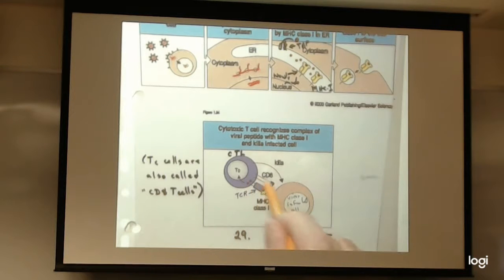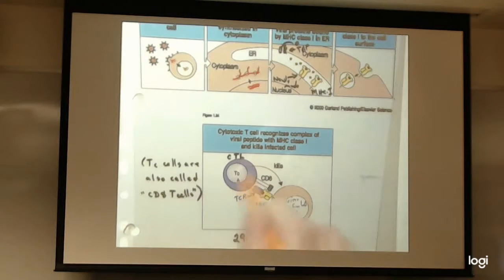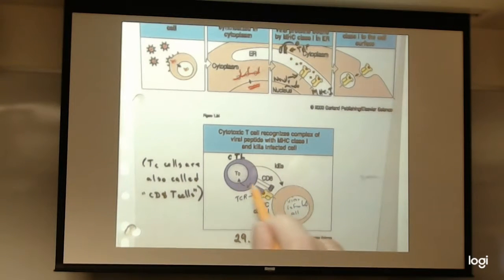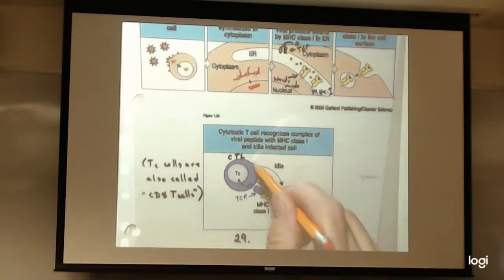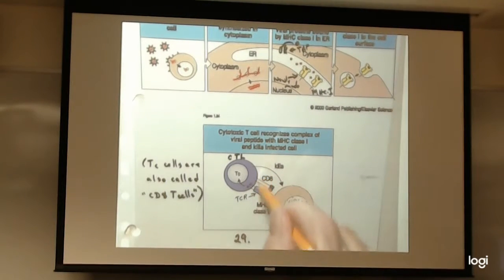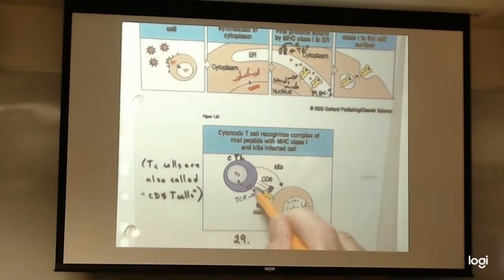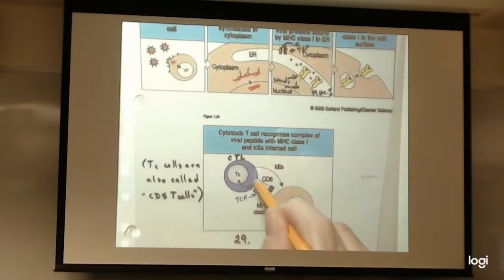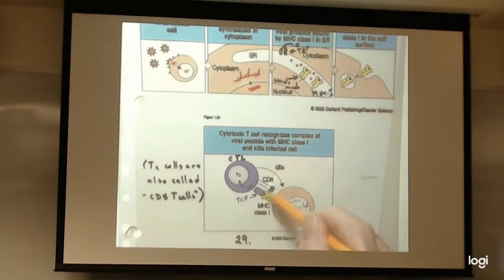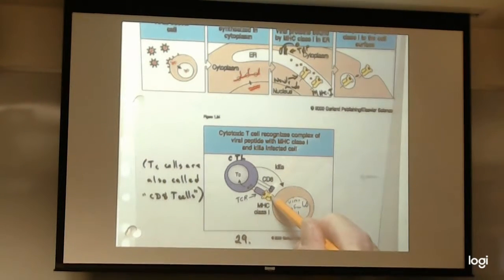And the CD8 protein acts as a kind of co-receptor here. The T cell receptor binds the foreign peptide and the MHC stuff in the vicinity of the peptide. The CD8 protein is soluble in the membrane, never too far away from the T cell receptor, and it can snuggle in here and find the base of the MHC1 molecule.